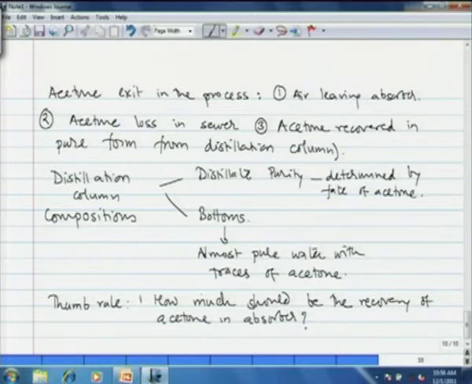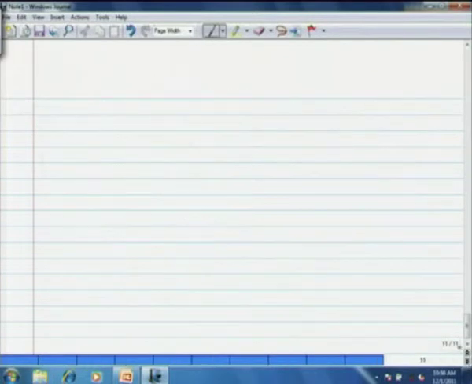Second question, how much water we should use for recovery of the acetone?